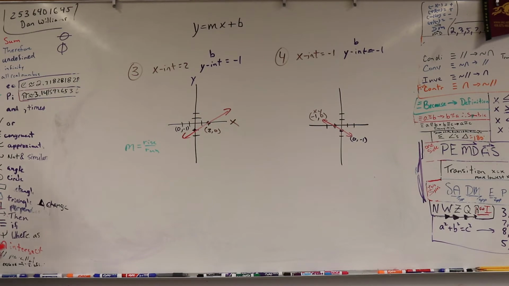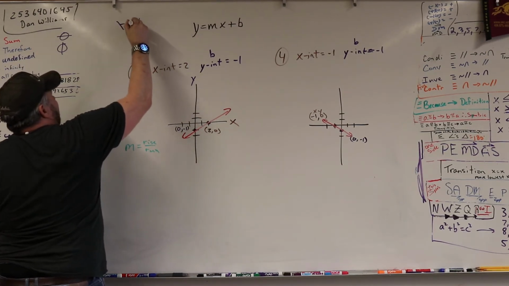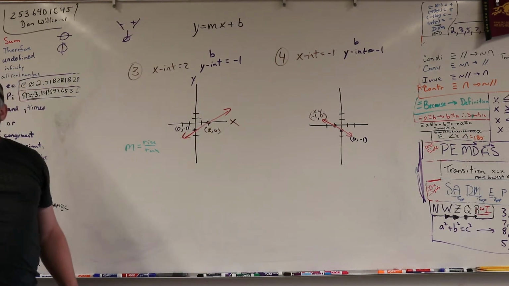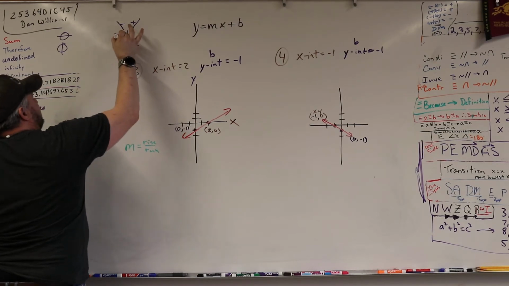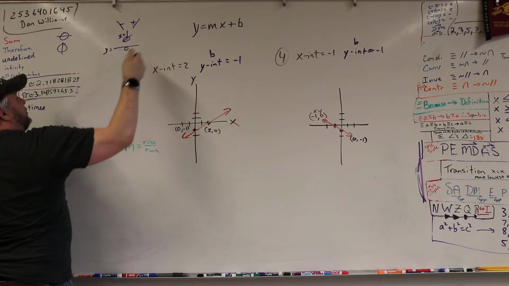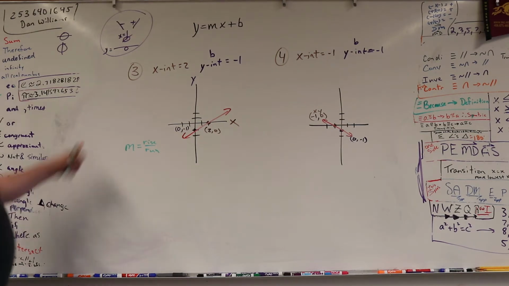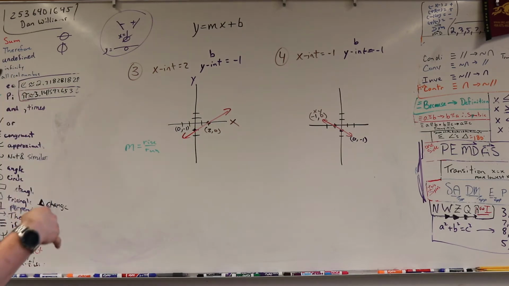You have to remember: negative, positive, no solution, zero. This is when x equals something, and this is when y equals something. And that will save you, I guarantee it. Especially when they start giving you these straight up and down and right to left equations, okay?